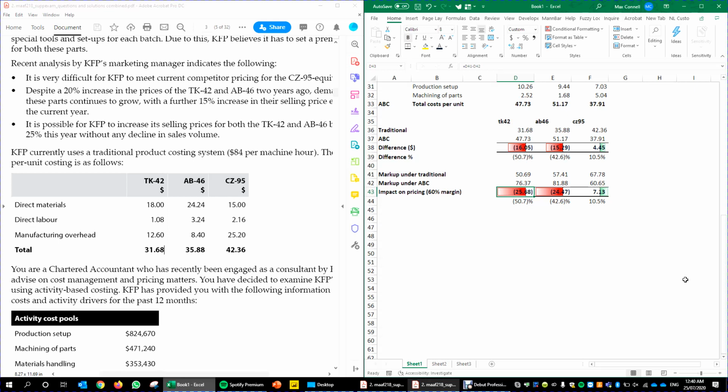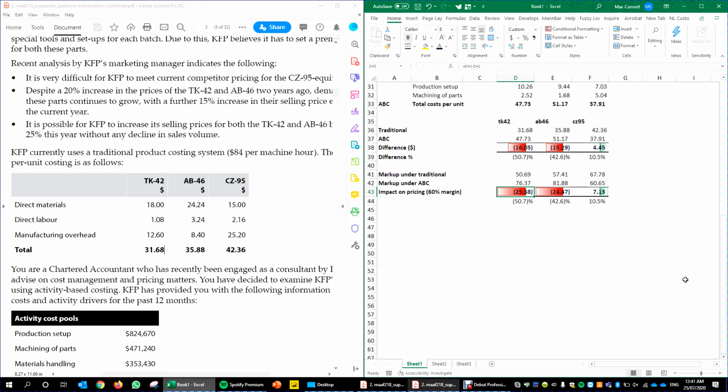Now, when you're actually writing your answer, I'd be a little bit more sophisticated than that. I would first of all come to your conclusion in the data table, and then I'd put your answer something like this. I'd probably start off with the product CZ95, and we're just talking about what the difference is in cost and markup.